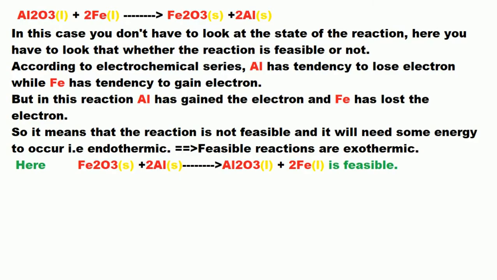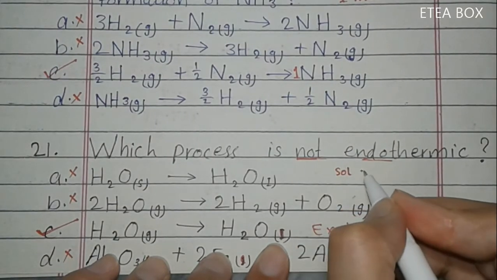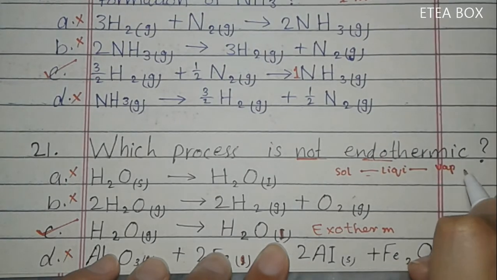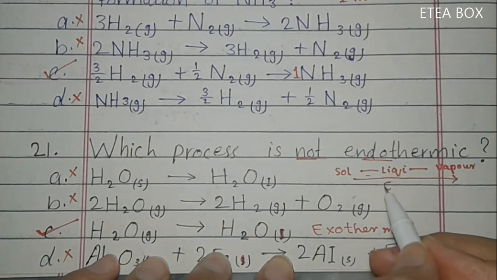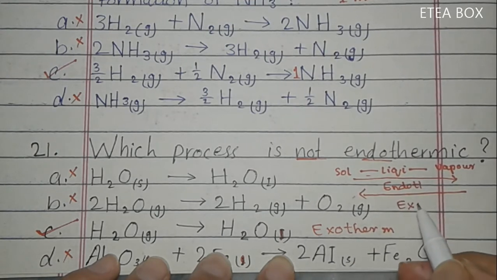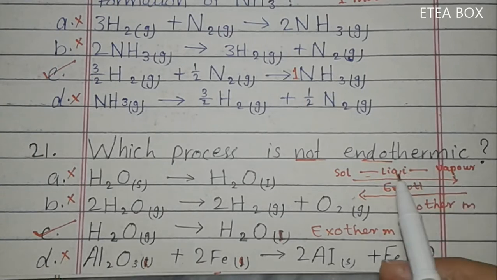Now look here, when solid is converted into liquid and liquid is converted into vapors, gaseous form, in this direction it will be endothermic, while in the backward direction it will be exothermic. So only this one is exothermic because the gaseous form is converted into liquid form. So option C is correct.